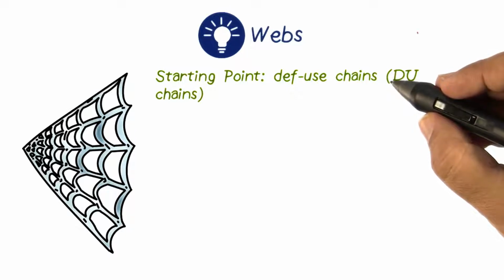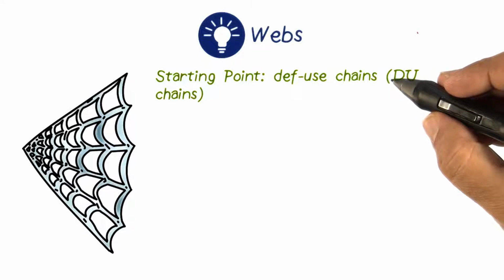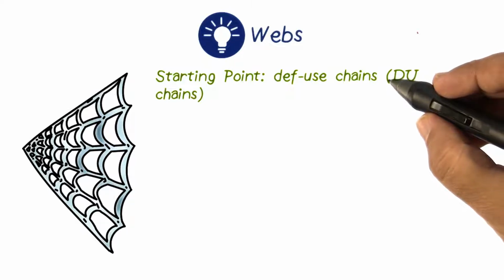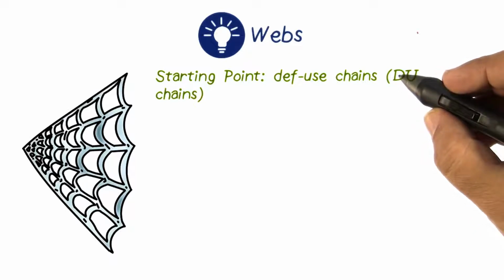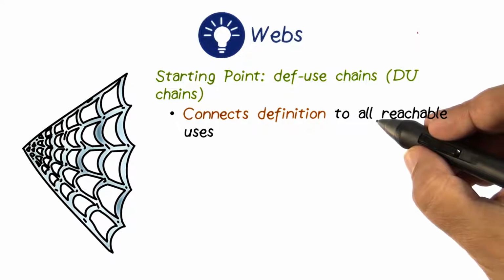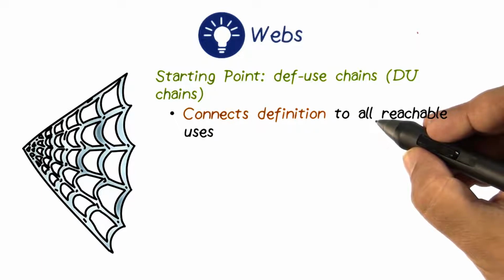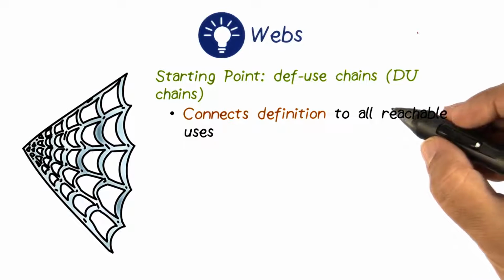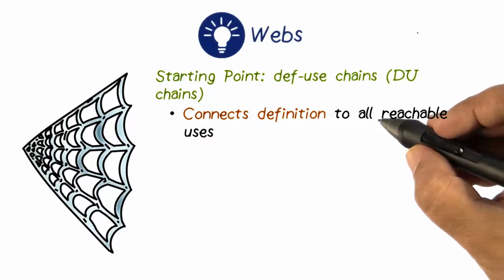Our starting point is still the same, that is, we start the web or the live range at the topmost definition points where the value is loaded into variables, and the last use point is where we'll complete or end the webs. However, things get a little complex because the webs are spread across basic blocks. One of the key points in determining the web is that it connects the definition to all reachable uses, because potentially this definition can feed values to all those uses.